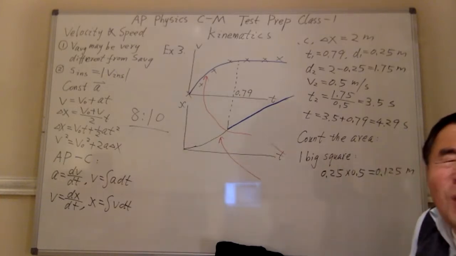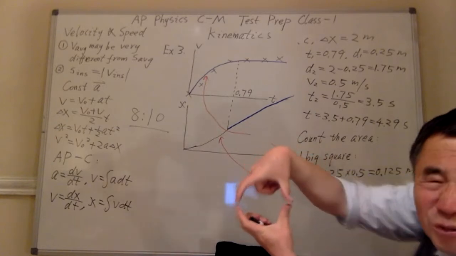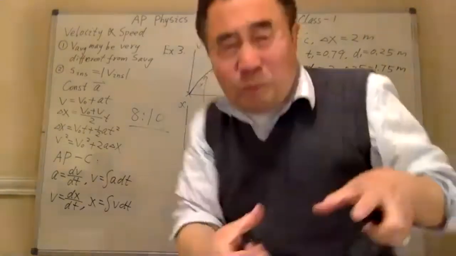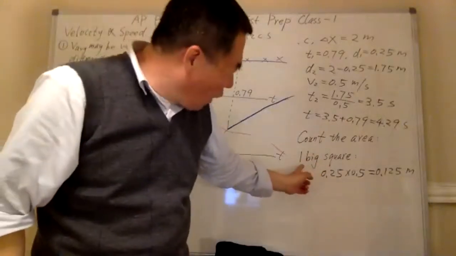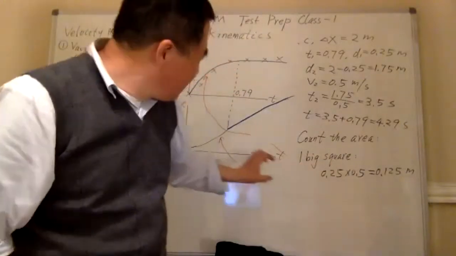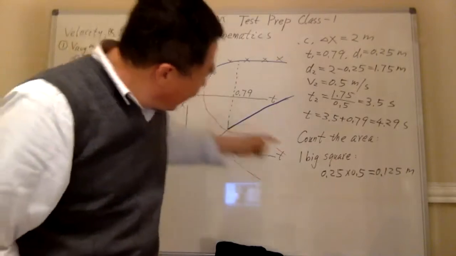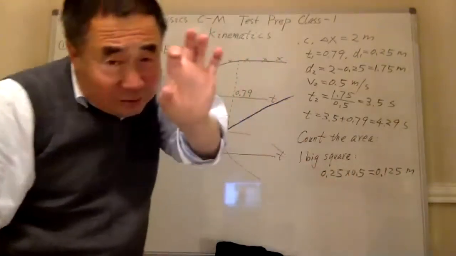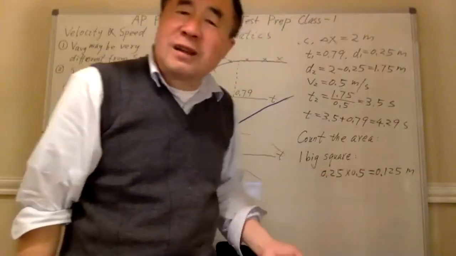This is very noisy. In the official solution you count the big squares, so you need to understand what one big square means. Y is 0.25, and X means 0.5 seconds.